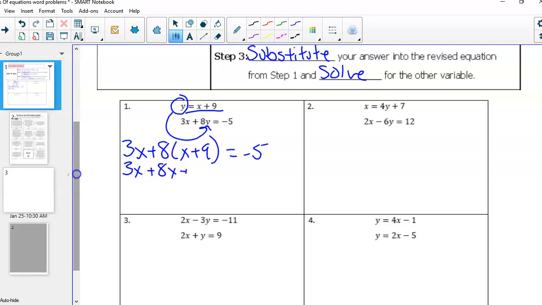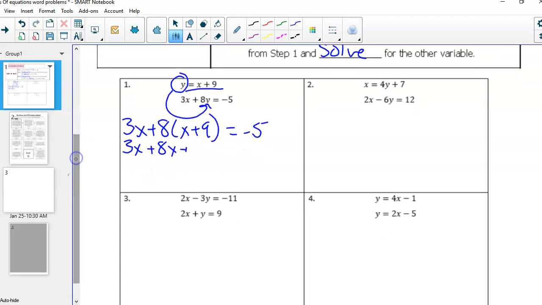So 8x plus 72. And then do what? What are our like terms? 3x and 8x. Okay, so when we combine those, that would be 11x.